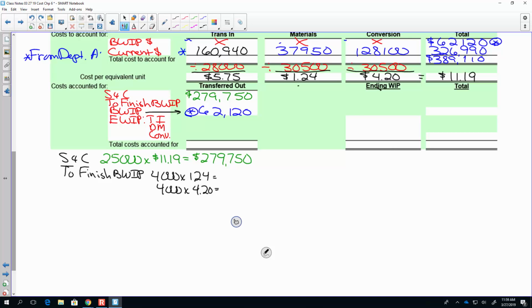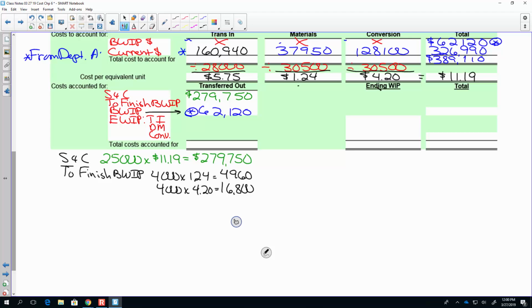You're going to multiply it by its corresponding cost. $4,960. $16,800.